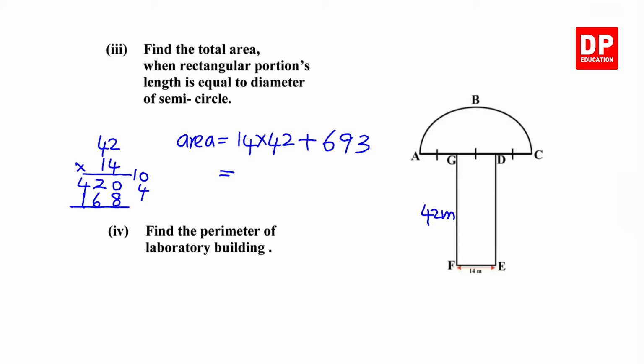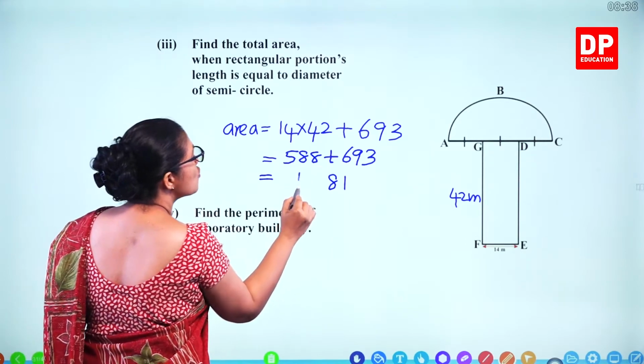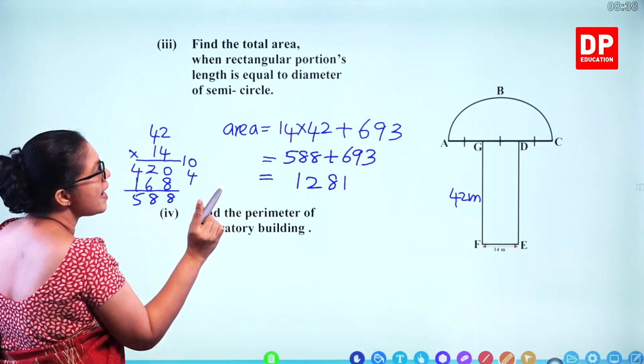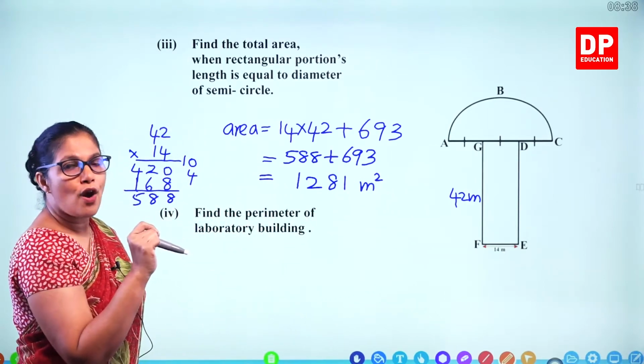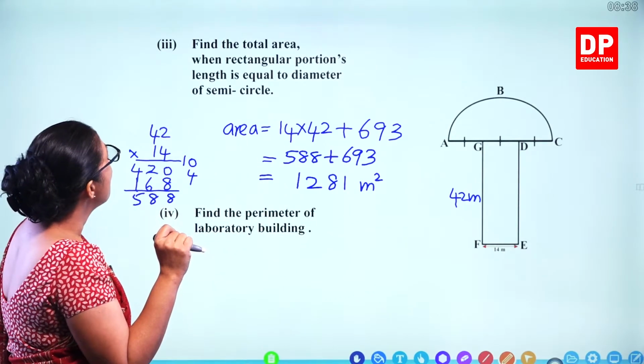So, when you add it, you get 588. So, 588 plus 693. 8 plus 3, 11, 10 and 18, 1 remaining, 6 and 6, 12. 1281 square meters is the total area of this figure.